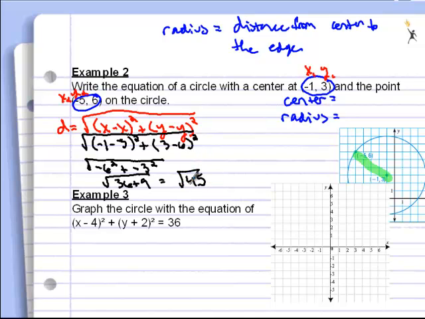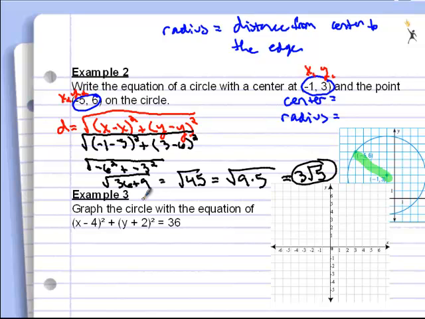Now I get the square root of 45, but I also know that the square root of 45, because we've already spent a full chapter on reducing radicals, is actually the square root of 9 times 5, and the square root of 9 is 3, so I get this reduced to 3 square root of 5.